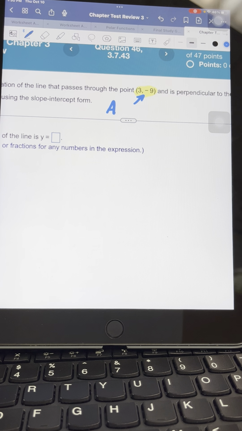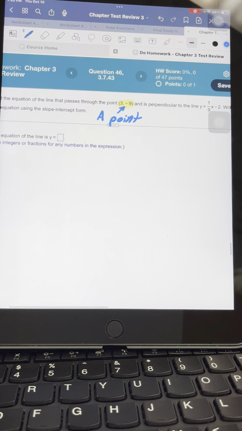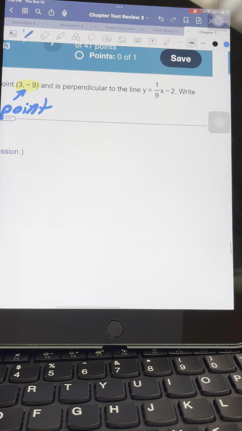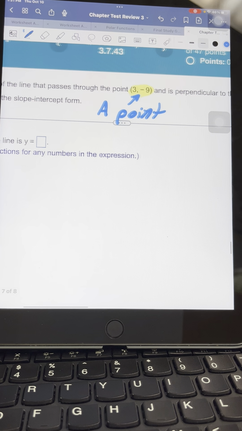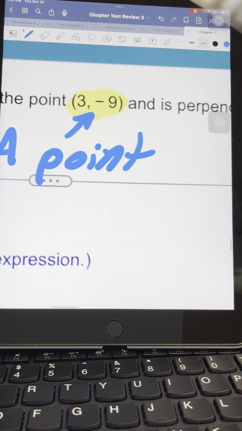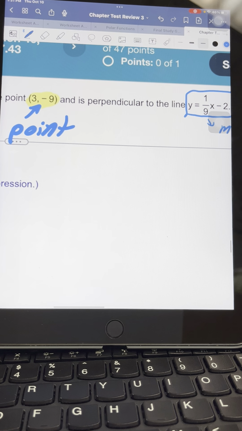Now, what is my slope here? For this line, guys, pay attention. For this line, my slope is 1 over 9. But it's asking me to find the equation of a line that passes through these points and is perpendicular to this line.